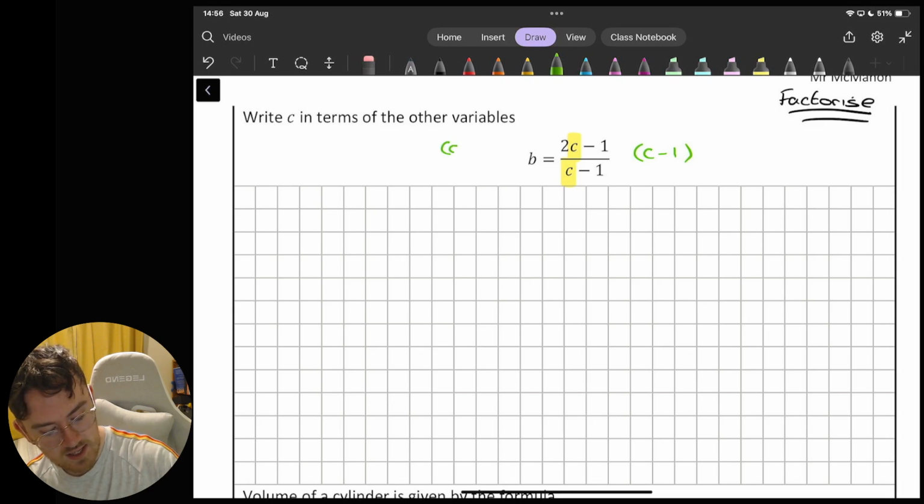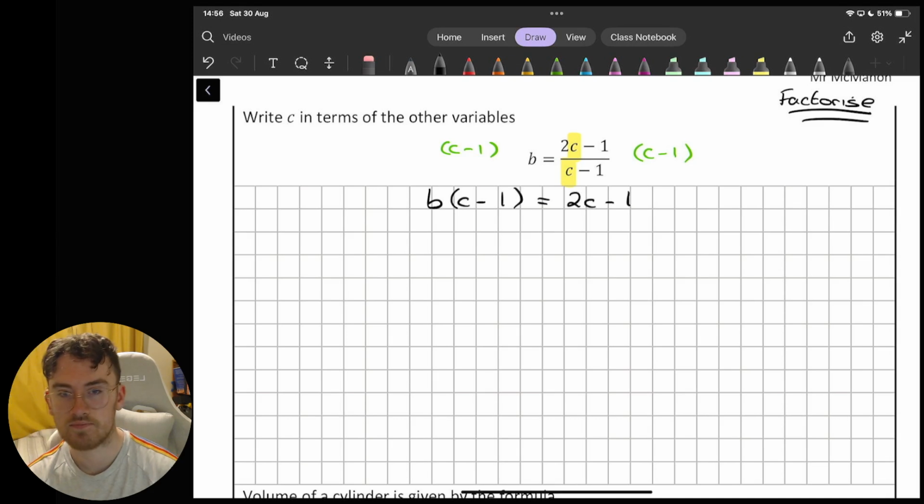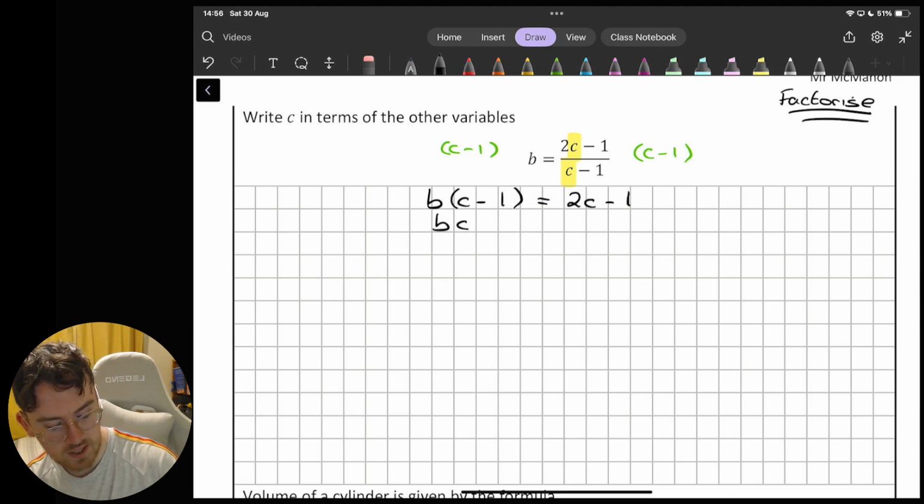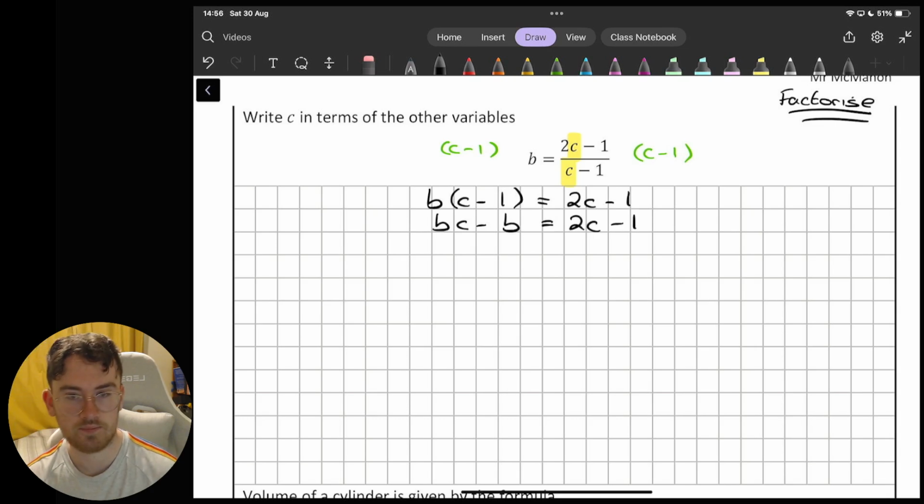But I'm going to do the same on the other side. I'm going to multiply the other side by c minus 1 also. So b times c minus 1 equals 2c minus 1. Okay, we're doing good. Next, I'm going to expand this bracket, bc minus b, 2c minus 1.